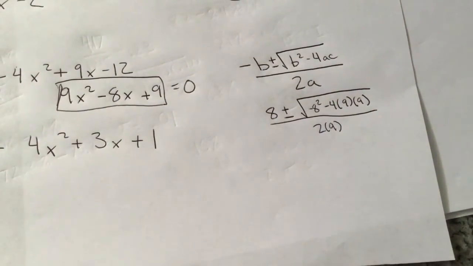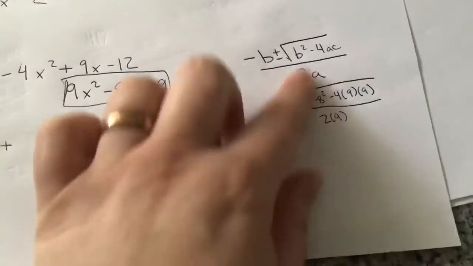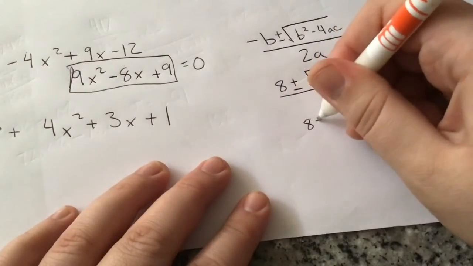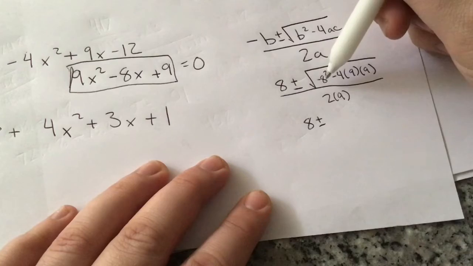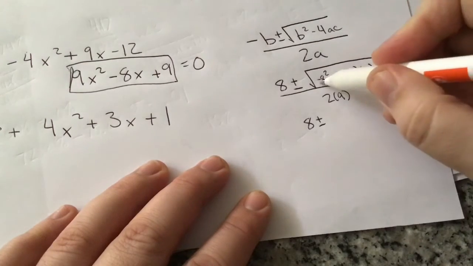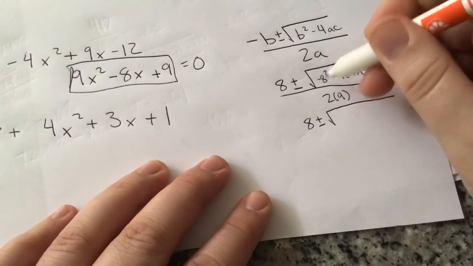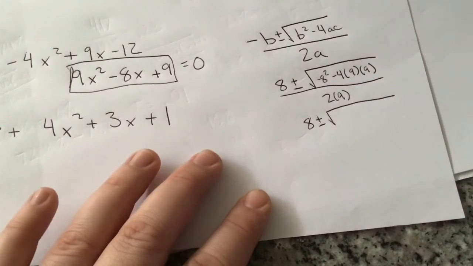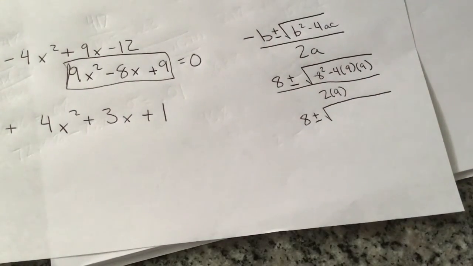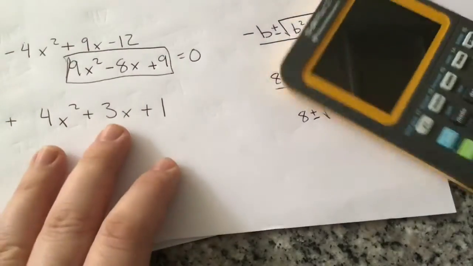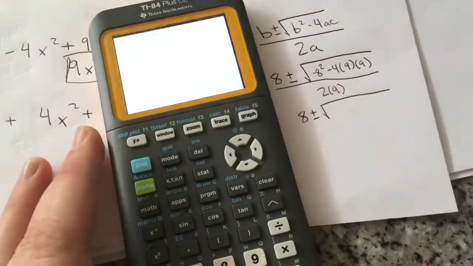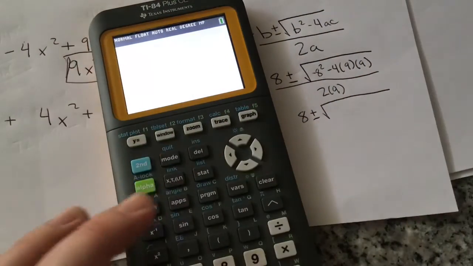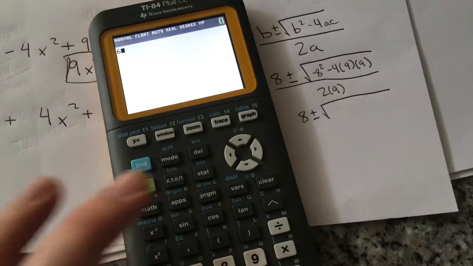Well, we can solve this bit by bit. So 8 plus or minus is not going to change, but here we have negative 8 squared. Okay, well, negative 8 squared is 64. Actually, heck, I can type this into a calculator, right? Why make life harder than it has to be? 8 squared is 64.